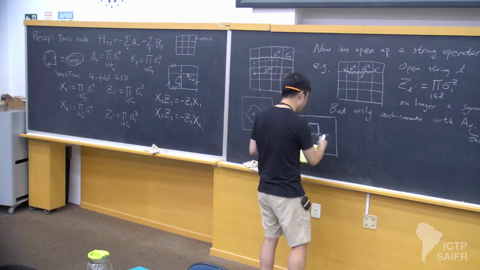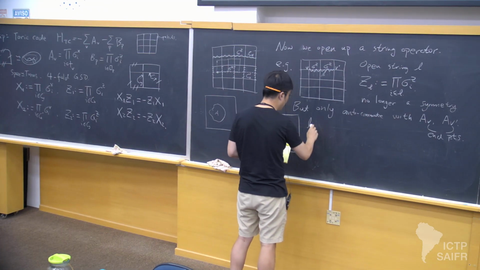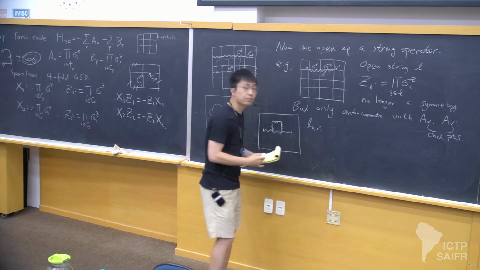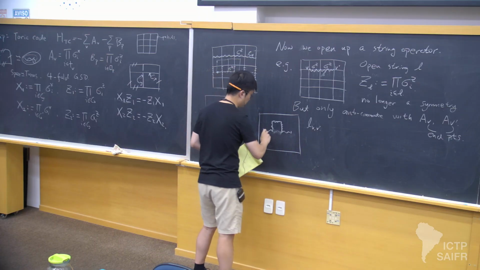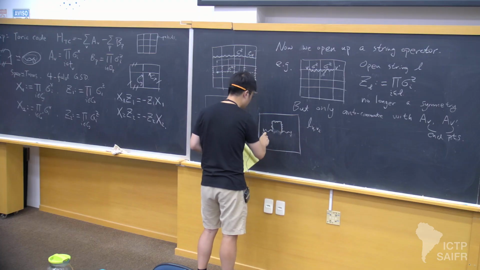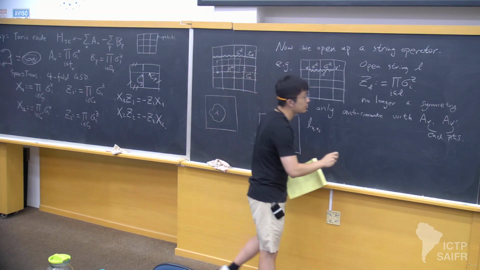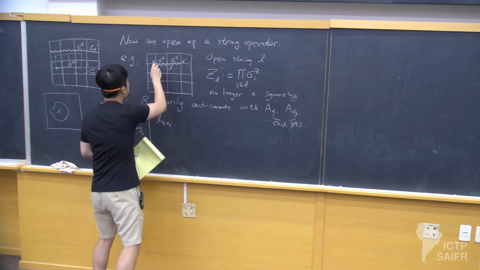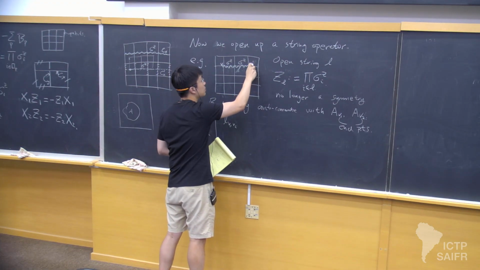So for this reason, we'll just label this string by the two endpoints. Actually, maybe V1, V2 is better. Okay, V1, V2.